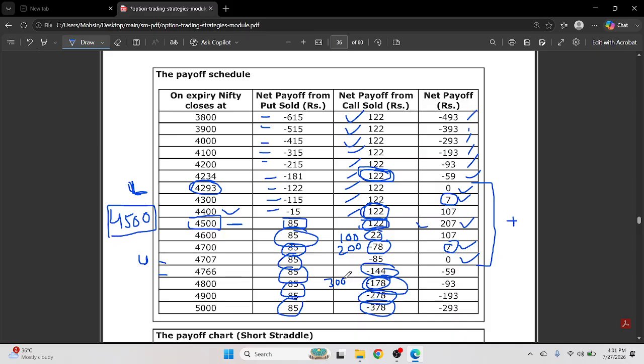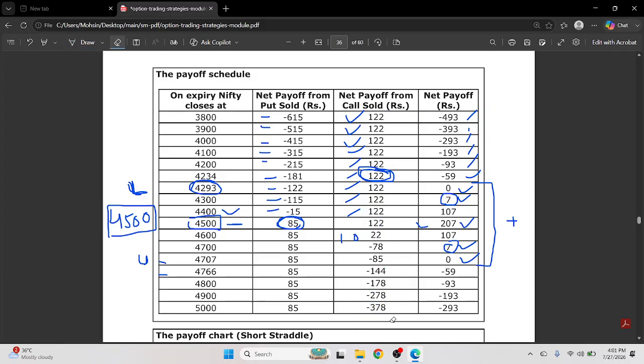Same thing if the market is going in the upward direction. Now again you can see, if the market is going in the upward direction, the put will protect you only up to the 85 points, because we have the insurance of 85 points only. So we have received the 85 points. Along with that, we have received the 122 points. So this is my total premium.